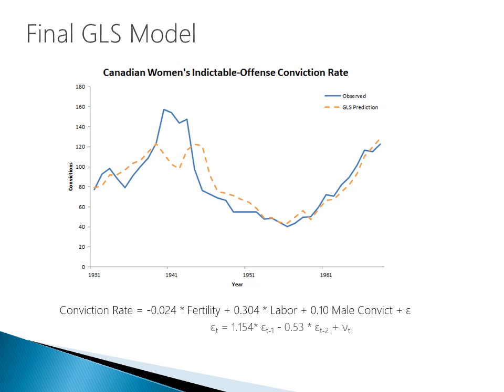If we want to talk about how specific variables impact this, we now have conviction rate equaling minus 0.024 times the fertility value plus 0.304 times the labor value plus 0.10 times the male convict plus the error term. In this case, the error term is 1.154 times the error at t minus 1, minus 0.53 times the error at t minus 2, plus v of t.